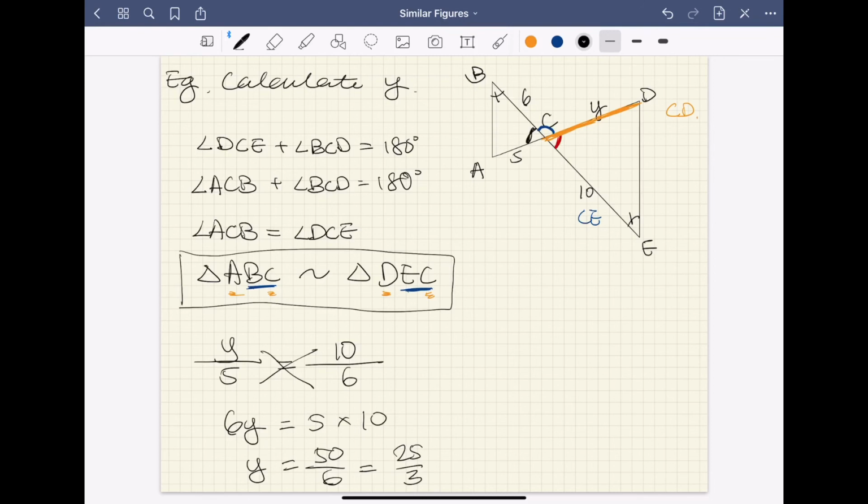So to do questions like these, where the question didn't tell you that they're similar and asks you to find the missing side, you need to prove that the two shapes or the two figures are similar first before you can find the missing sides. So prove it similar first and then find the missing sides using the property of similar figures.